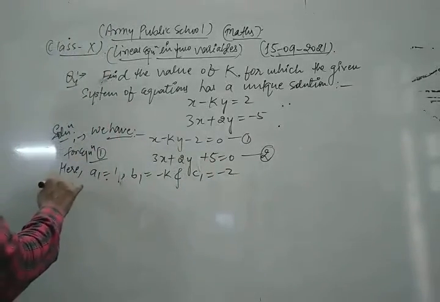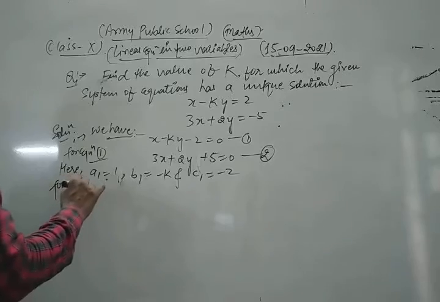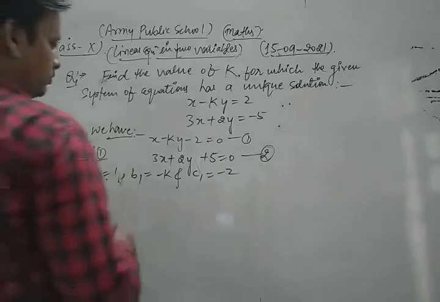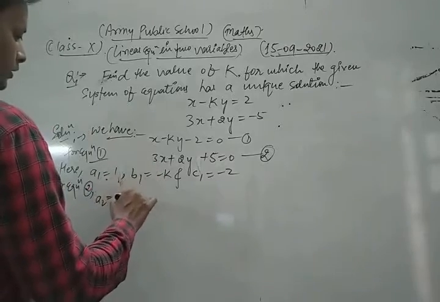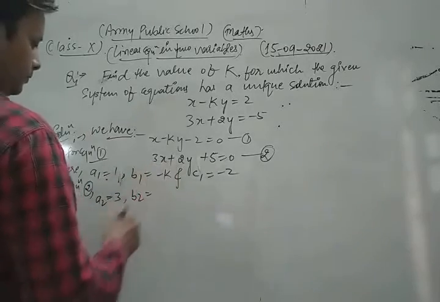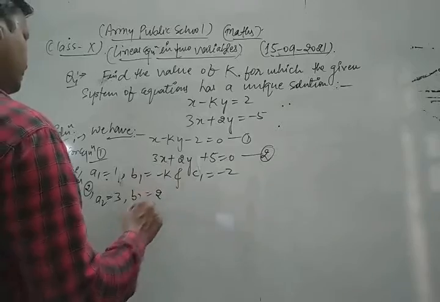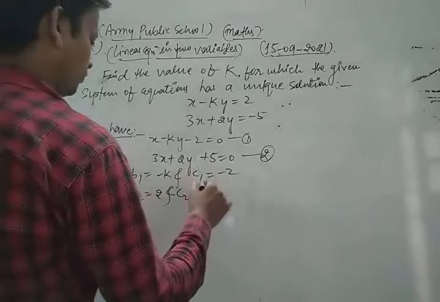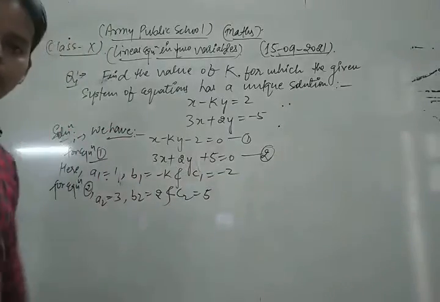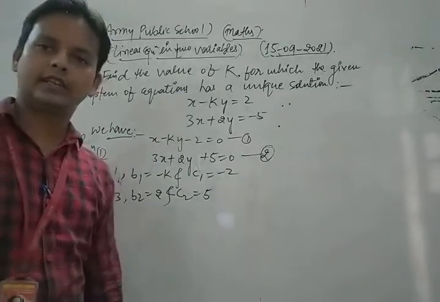Now for equation 2, A2 is 3, B2 is 2, and C2 is 5. So in this way, first of all, we write all the values.